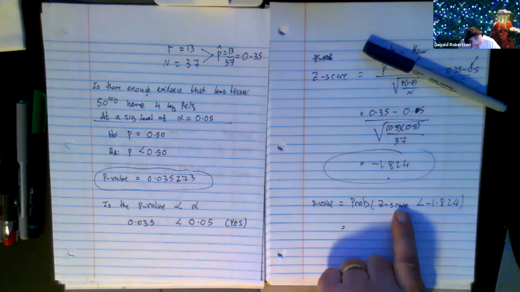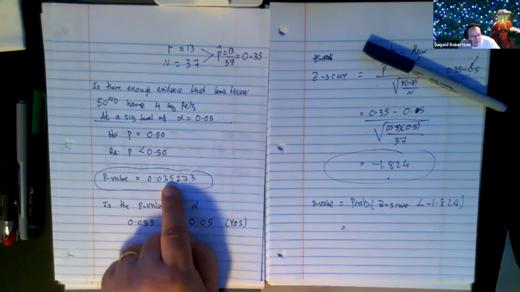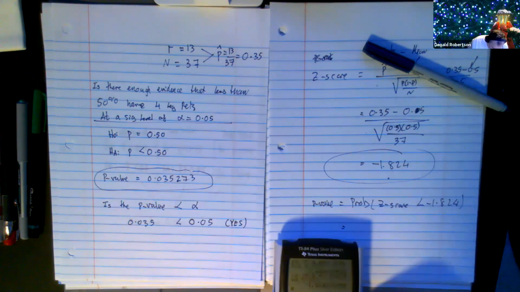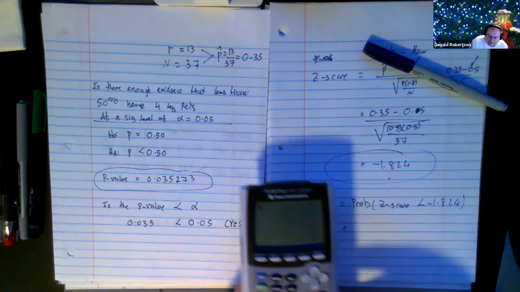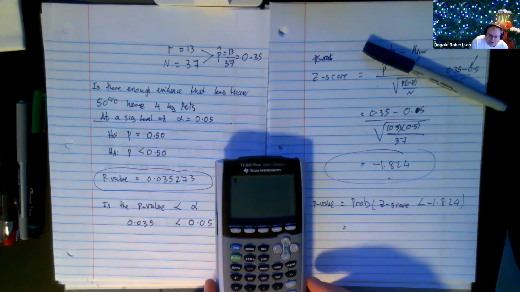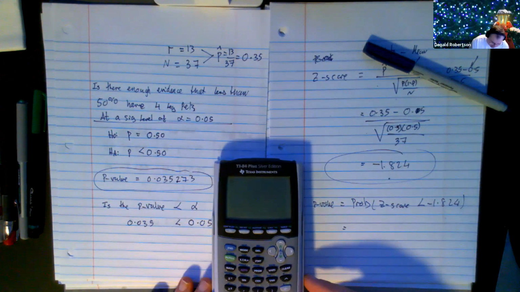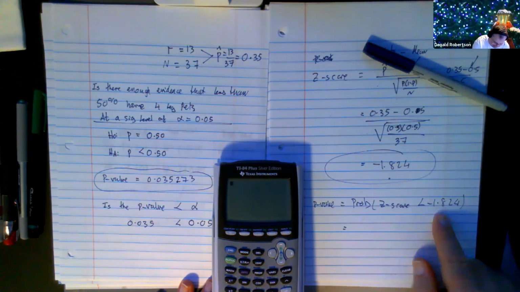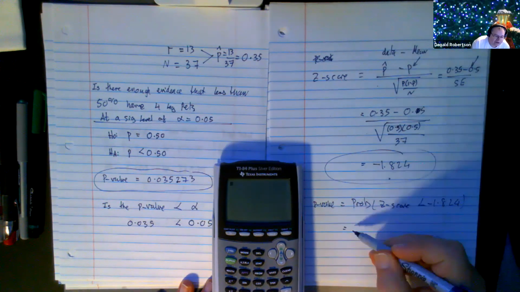I'm not going to get the same one, just something very close to it, and that's because I've rounded off. Now, does anybody know how to find the probability of a z-score less than this guy? Can you remember the funny looking guy? It starts with an N. Normal CDF.